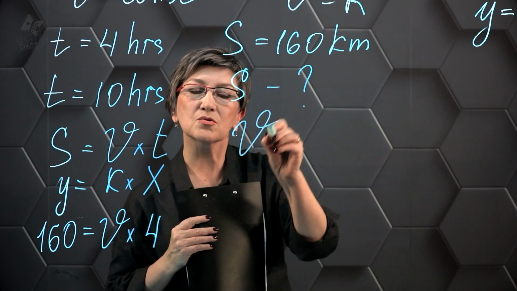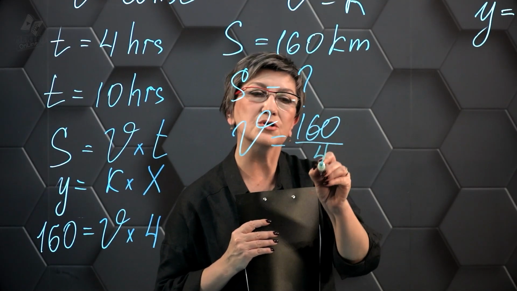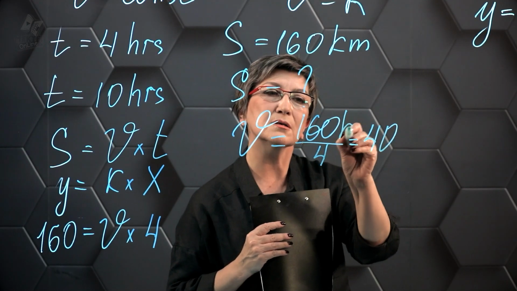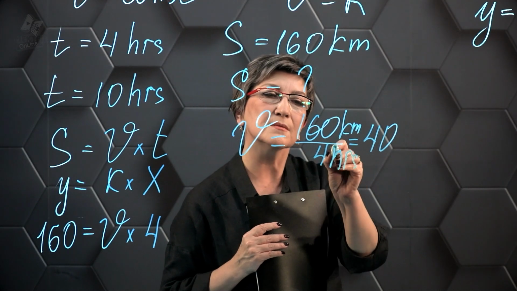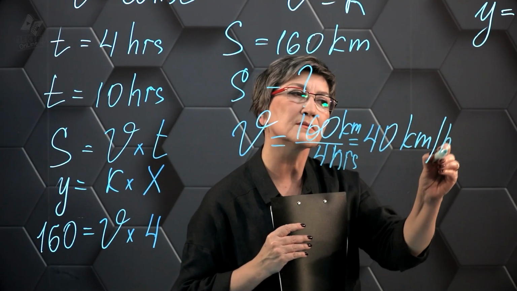Hence, the speed will be equal to 160 divided by 4. 160 divided by 4 is 40. Let's write down kilometers per hour. So 40 kilometers per hour.